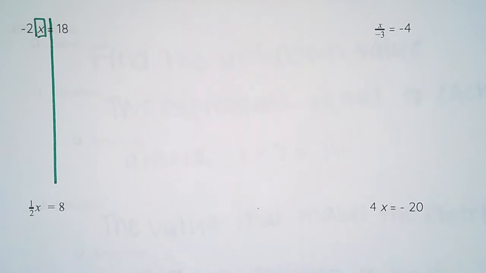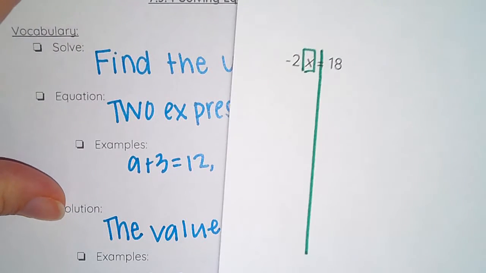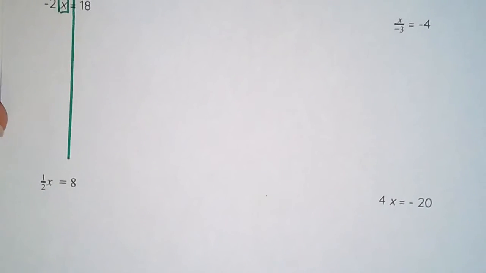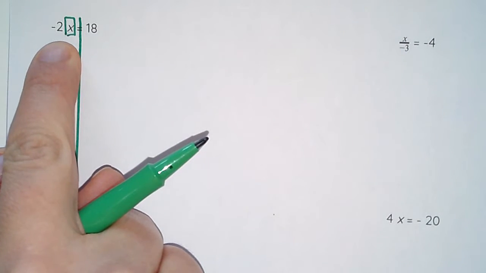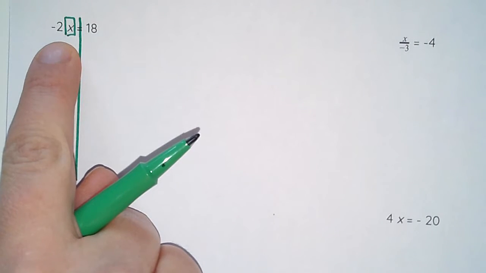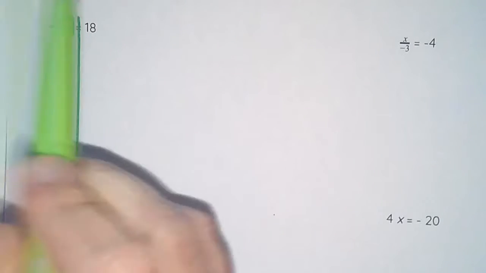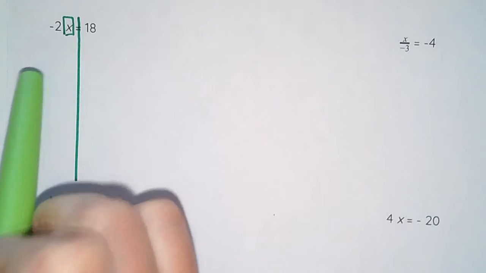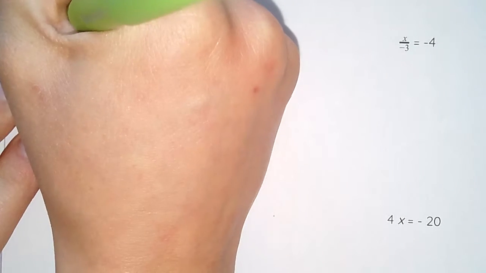Now I have to ask myself, what can I do to isolate the variable? How do I get this x by itself? So I do that by saying, what is the inverse that I need? What is the operation that is occurring? Well, occurring right now is multiplication, negative 2 times x. The inverse of that is to divide. So I divide by negative 2.